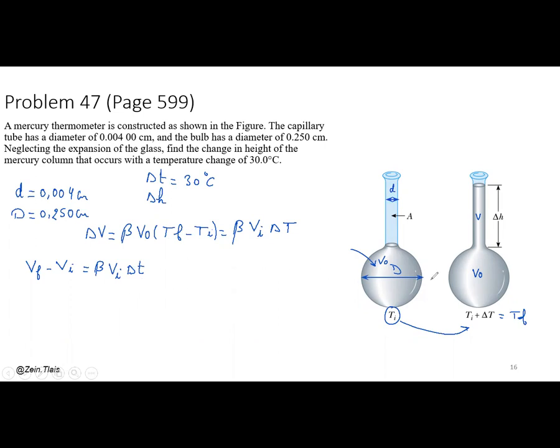You know, V final equals V0 plus small v.